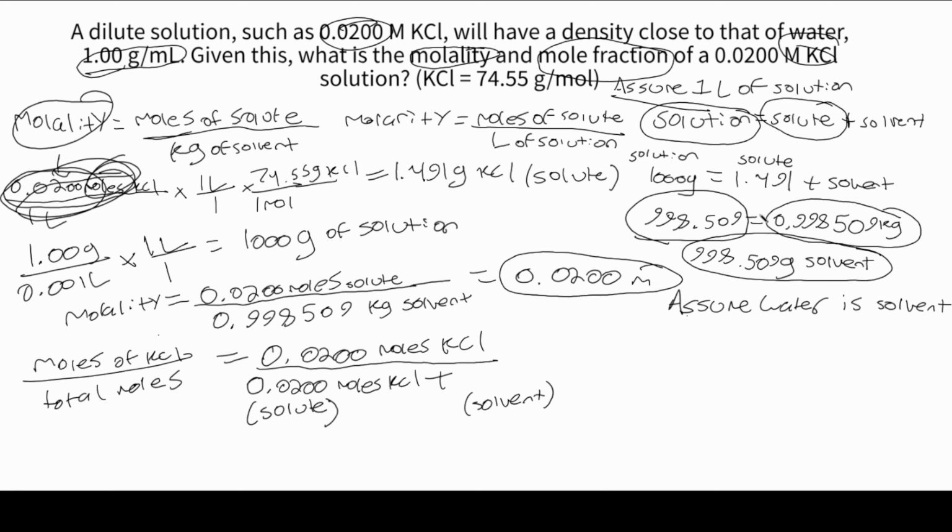So with that, we can say that this 998.509 grams of solvent is essentially 998.509 grams of water, H2O, and the molar mass of water is 18.01528 grams per mole.